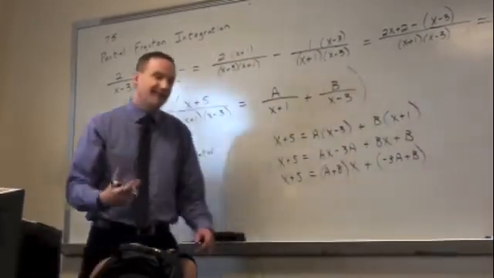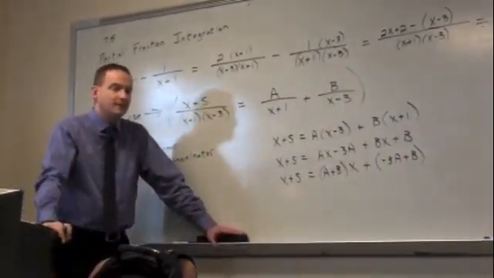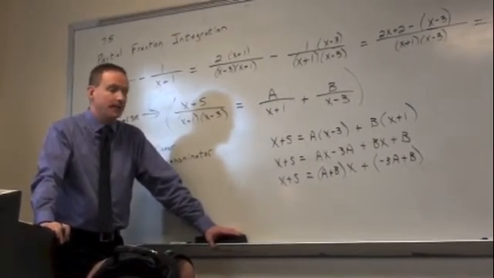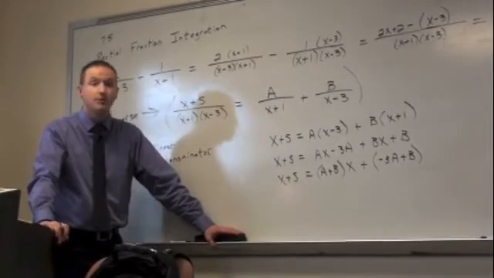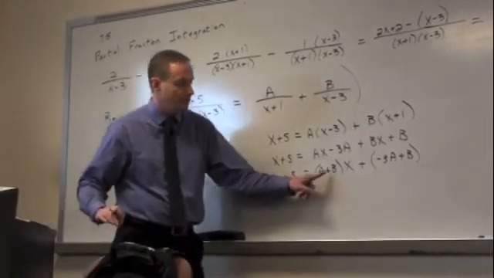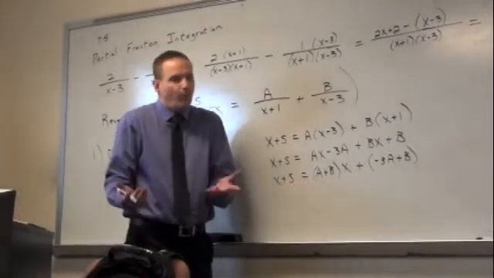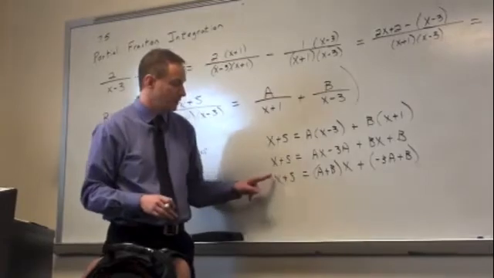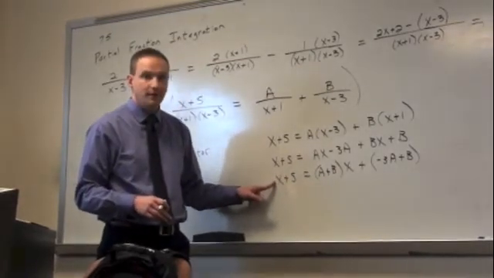What's going to happen every single time here, guys, is that you're left with an equation for every variable. If you have 2 variables, I promise you, you'll have 2 equations to solve for them. So you're always going to be able to solve this. What do I know a plus b has to equal? Well, it's the coefficient of x. The coefficient of x on the other side is 1.